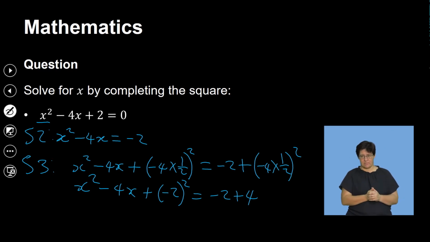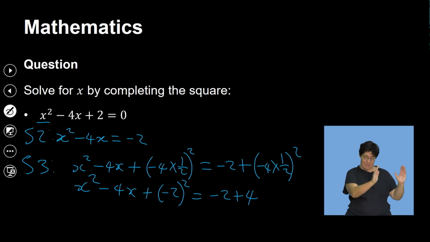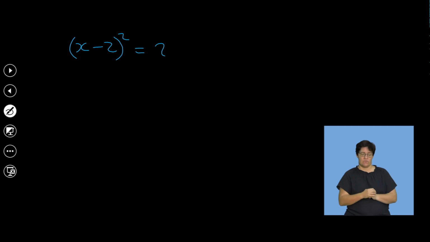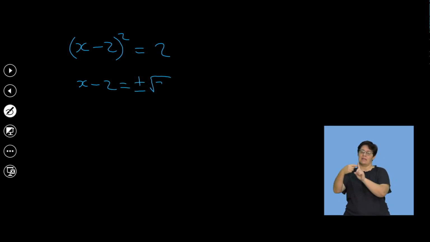If you go further than this, it will be x minus 2 all squared is equal to, remember on the right hand side it will be minus 2 plus the 4, which gives me positive 2. Square root both sides, this will be x minus 2 equal to plus or minus the square root of 2.